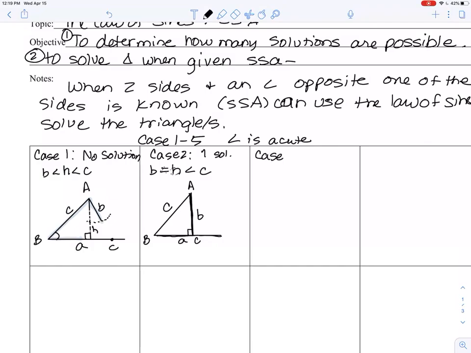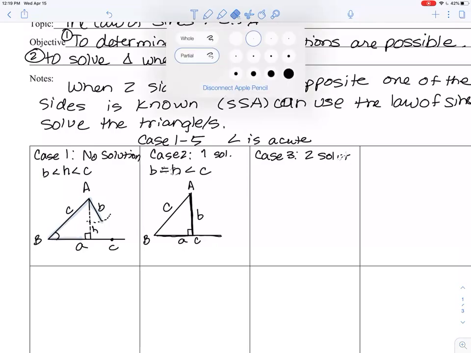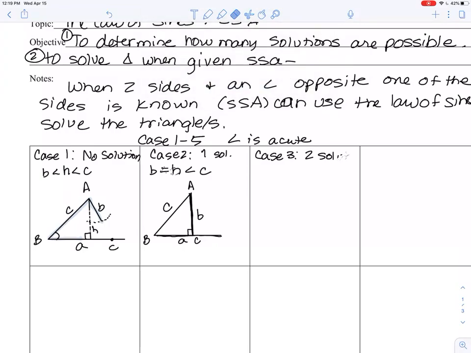Case 3. In this case, we're going to get 2 solutions. All right, so in this case, B is going to be less than C again, but it's going to be greater than the height.